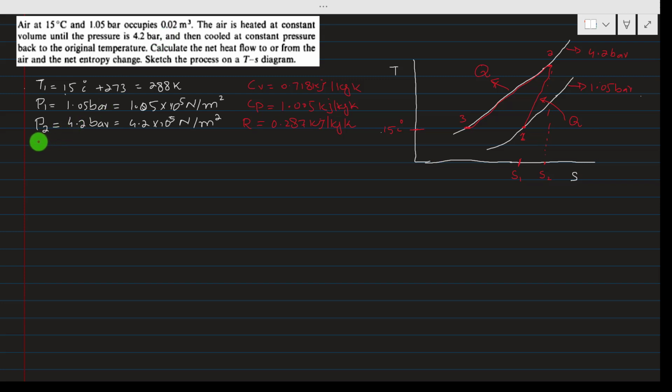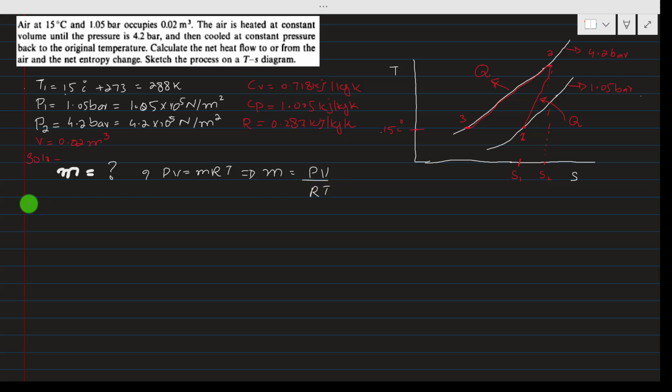So the volume that contains this air is equal to 0.02 meter cube. First we need to find the mass, using PV equals mRT. If you simplify for mass, you will get PV divided by RT.